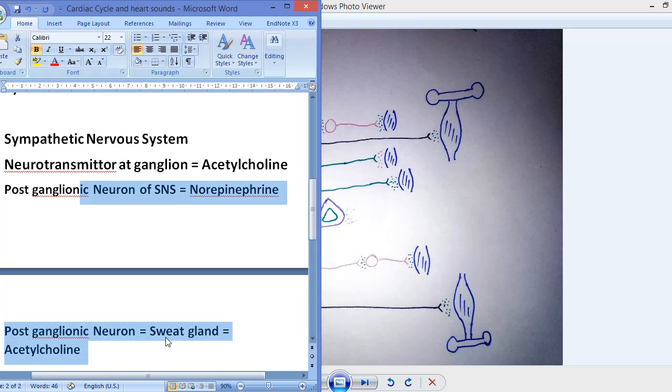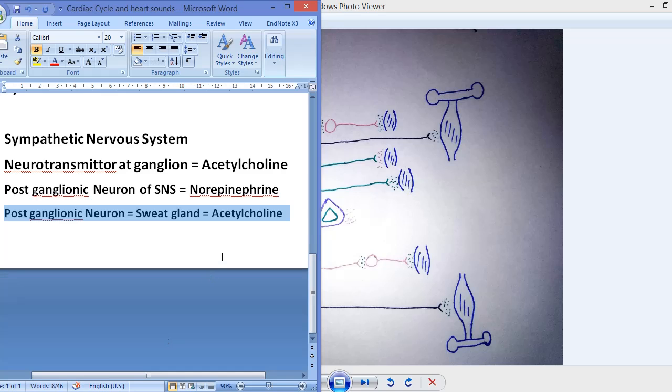This is the exception of the sympathetic nervous system regarding the neurotransmitter. Over here, acetylcholine will be secreted. The postganglionic neuron which supplies signal to the sweat gland will secrete acetylcholine, while all the other postganglionic neurons of the sympathetic nervous system will secrete norepinephrine as the neurotransmitter.